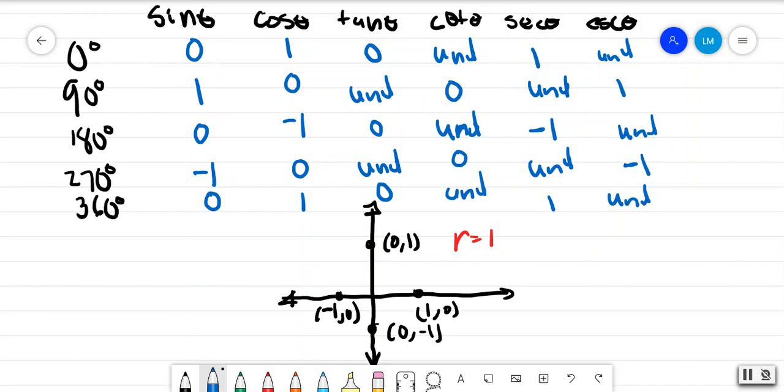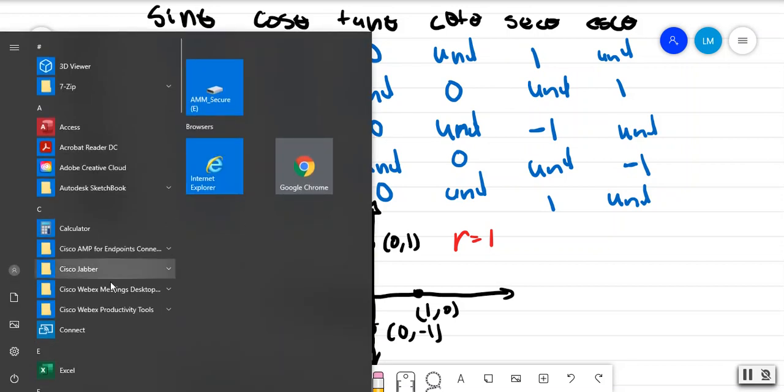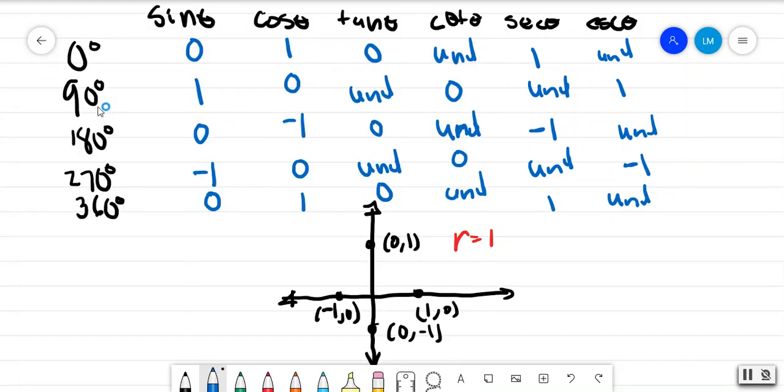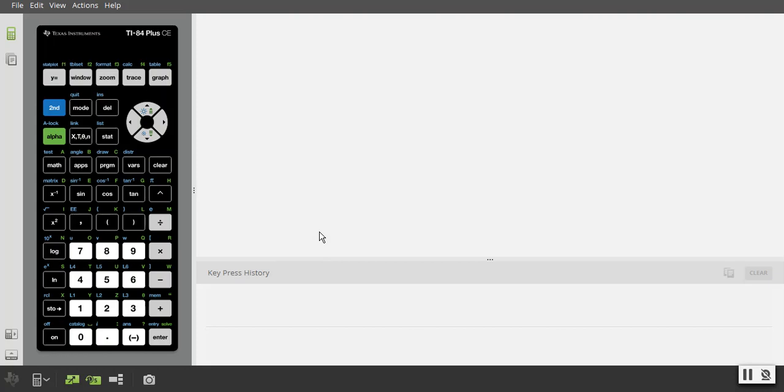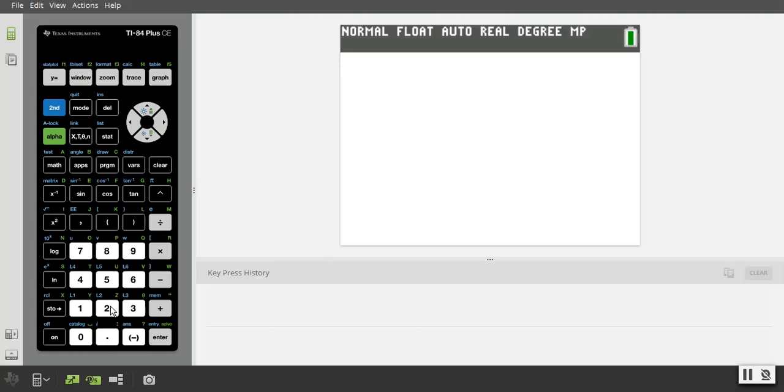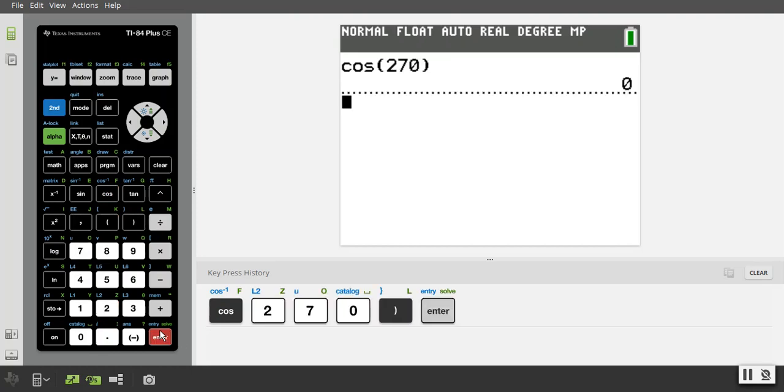Now I will say that, for instance, if you use the calculator, as long as it's in the proper degree mode, then you can always type in those angle measures and it'll give you the same thing. So for example, if you do cosine of 270 and you click enter, it's going to give you 0.